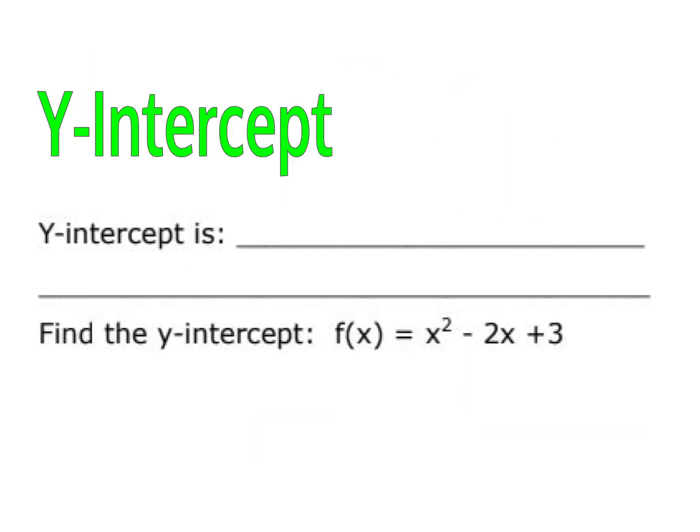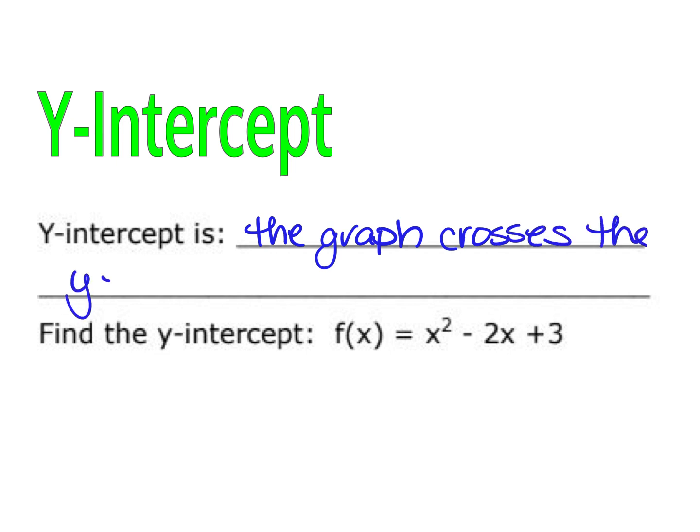The last thing we're going to look at is the y-intercept. This is where the graph crosses the y-axis. It could be any graph, so let's say the graph crosses the y-axis at x equals 0.